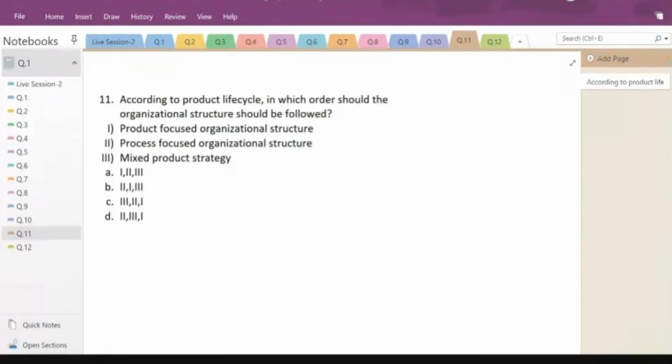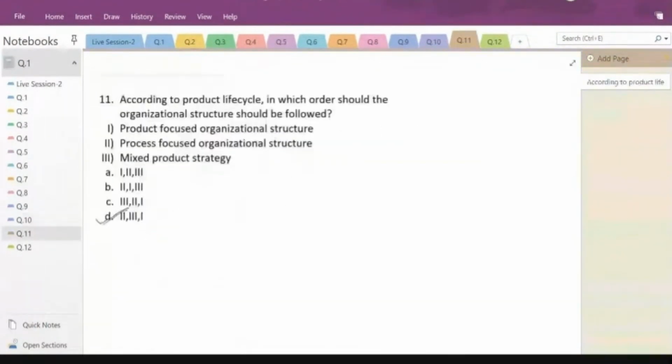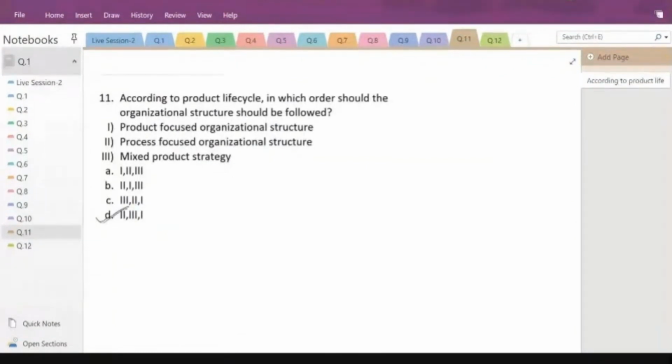So, yes, the fourth option is the correct answer. Initially, first is the process one, then the mixed, then the product.